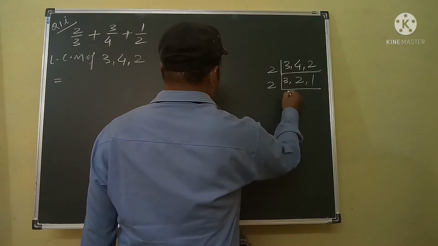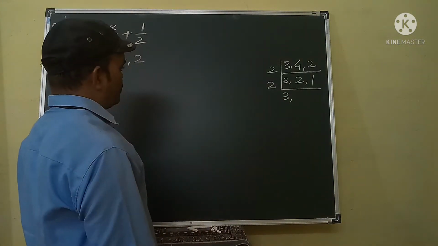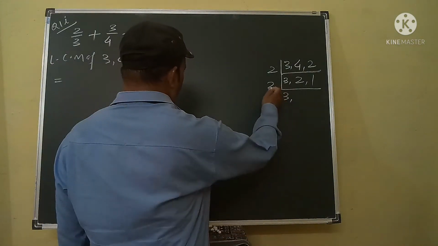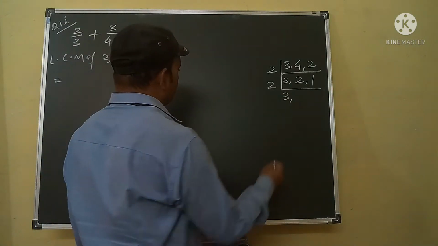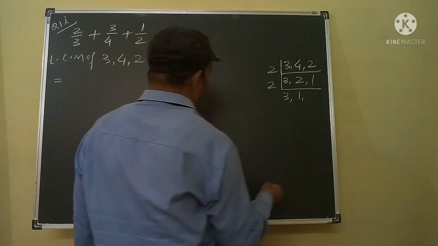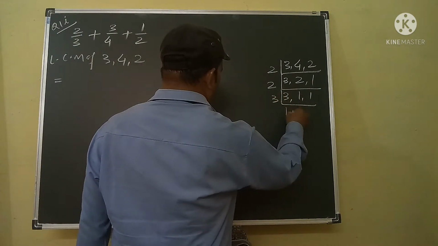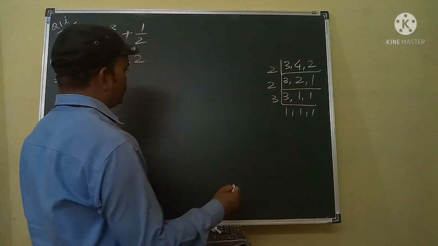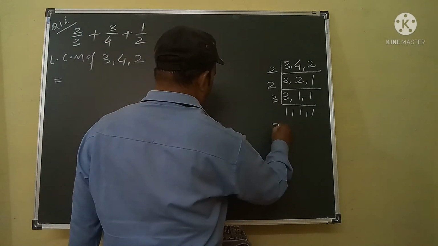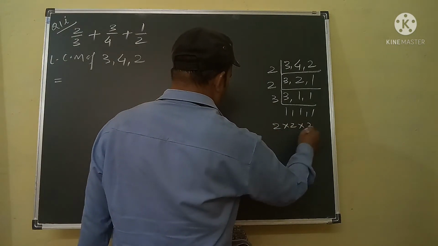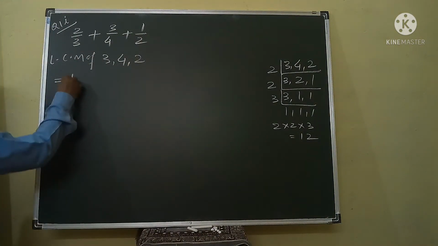Then after this is 2, 3 is not divided by 2, so there will be 3. 2 divided by 2 is equal to 1, and this is 1. Then 3 divided by 3, so you will get 1. Then after, 2 into 2 into 3 is equal to 12. That means LCM is 12.